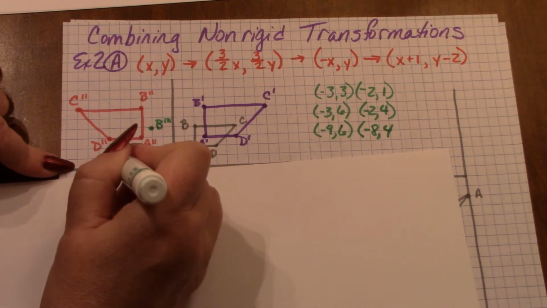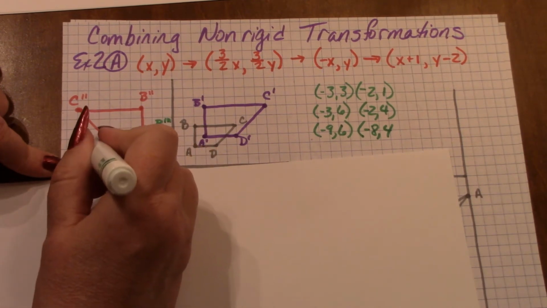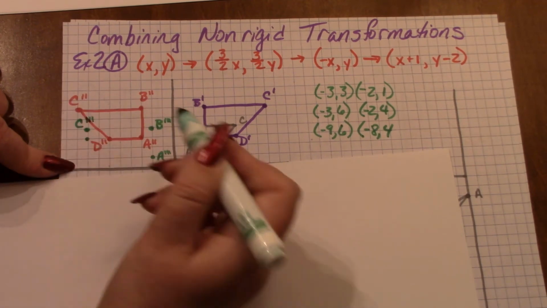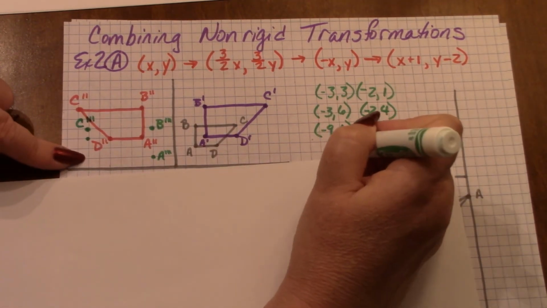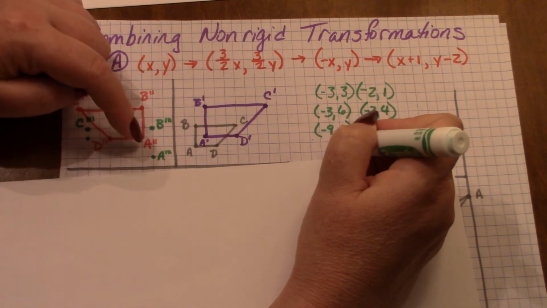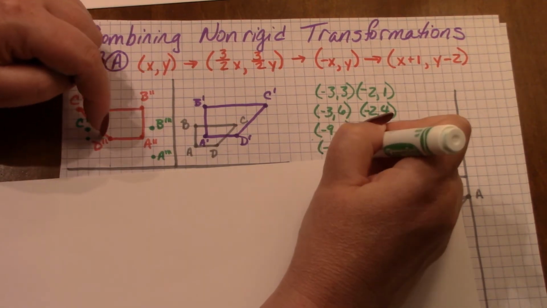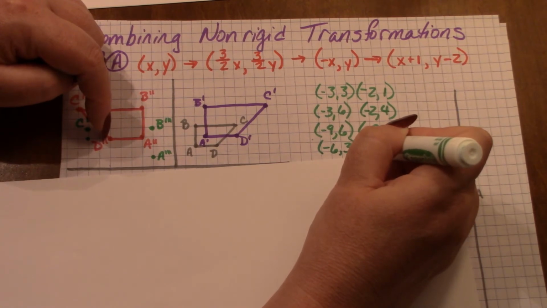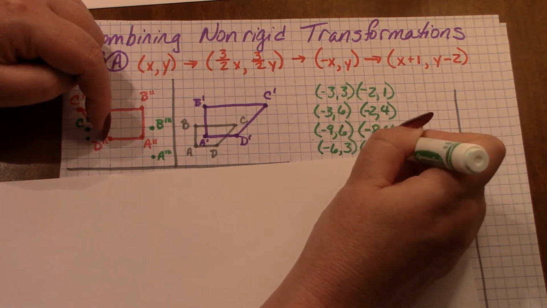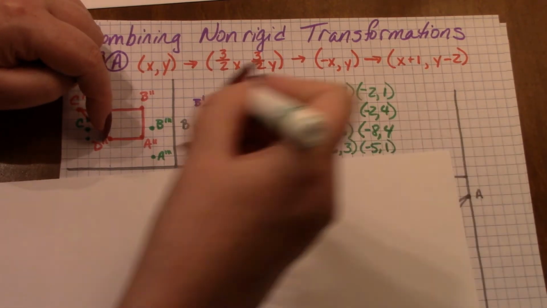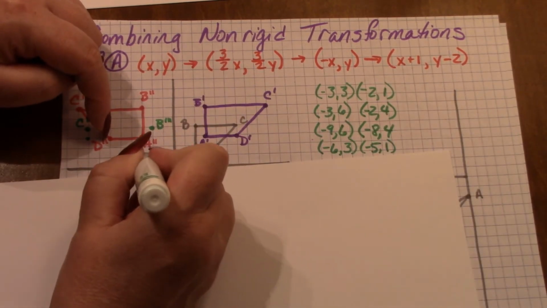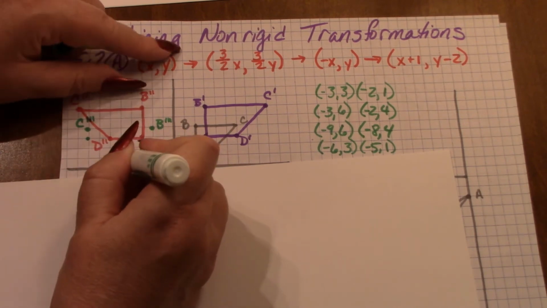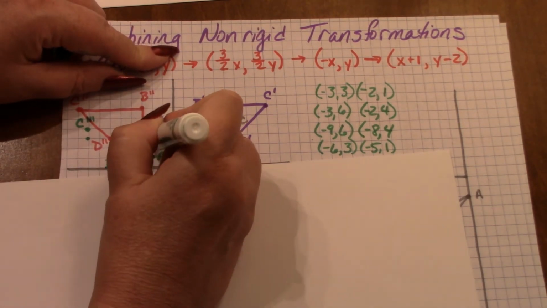There's our C. And D goes from negative 6, 3 to negative 5, 1. And there's D. And so here is our shape.